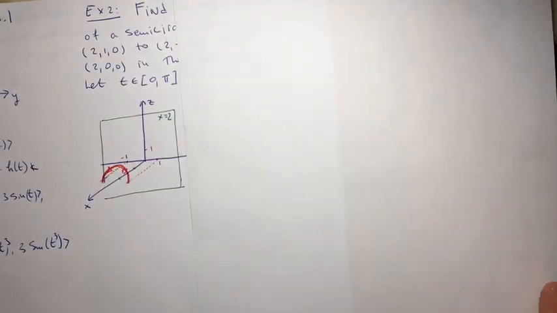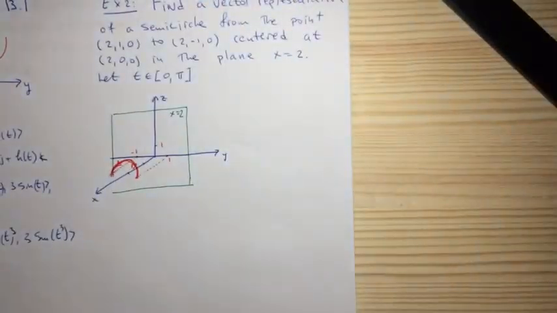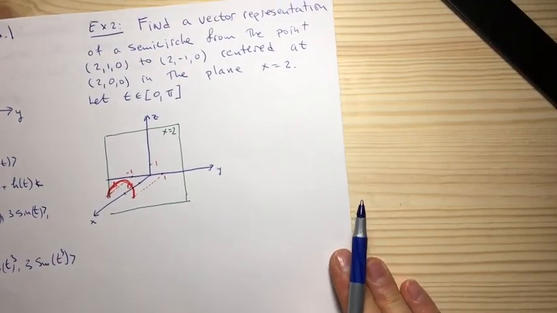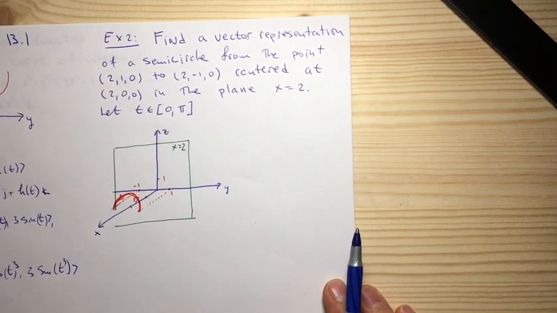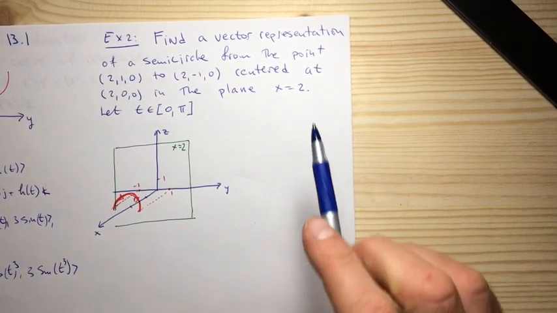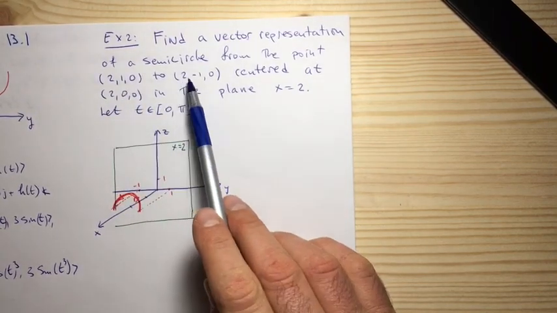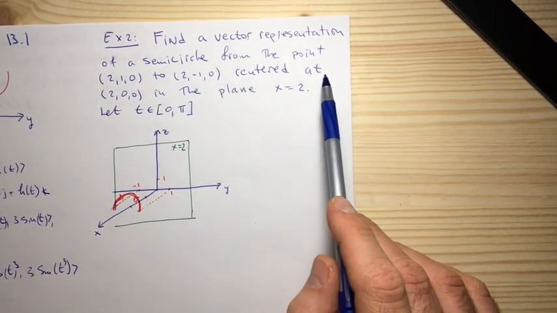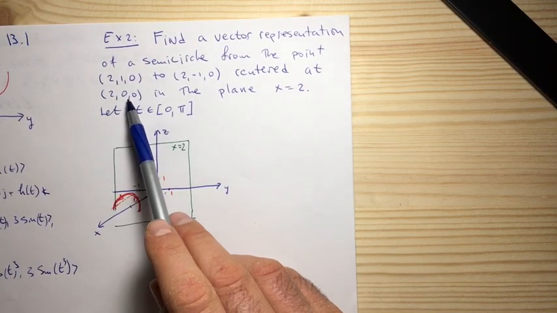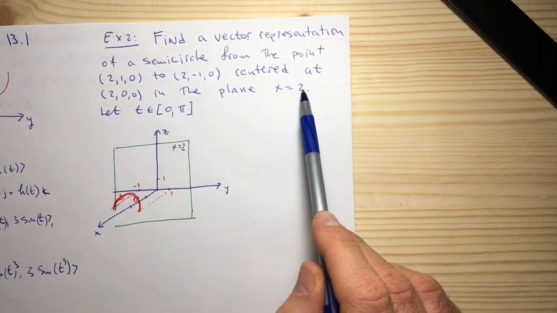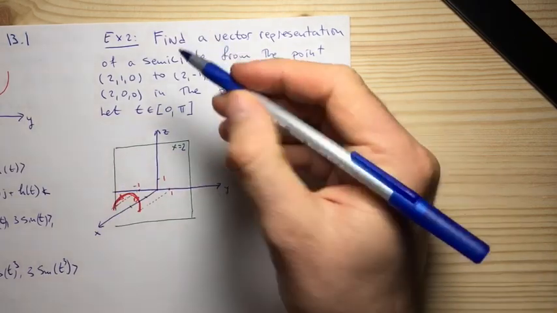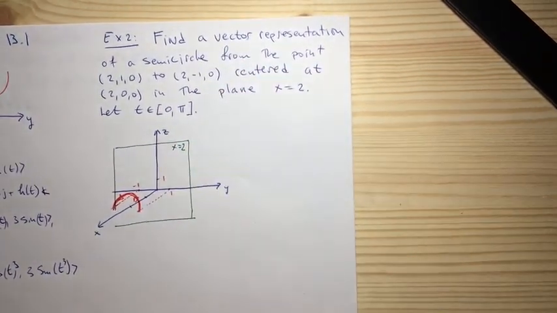For example, let's say second example: find the vector representation of a semicircle that goes from the point 2, 1, 0 to the point 2, negative 1, 0, centered at 2, 0, 0, in the plane x is equal to 2. Let t go from 0 to pi.